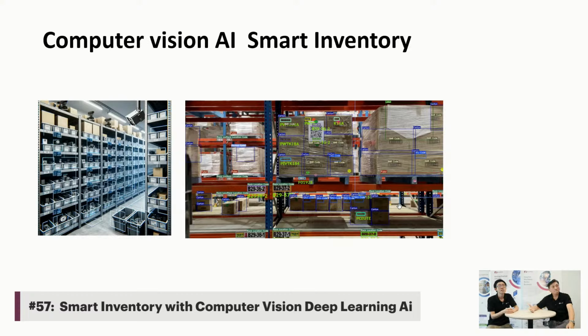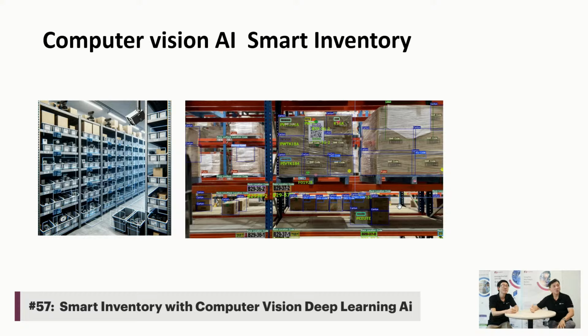So this part is talking about using object detection to locate your stock, and at the same time you can do some object counting, how many stock you have over there, and whether they are put in the correct rack or not.